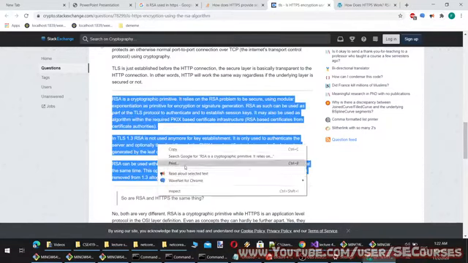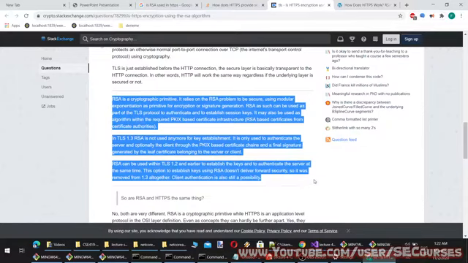Okay, so there is some more information here. RSA is a cryptographic primitive. It relies on the RSA problem to be secure, using modular exponentiation as primitive for encryption or signature generation. RSA as such can be used as part of the TLS protocol to authenticate and to establish session keys.